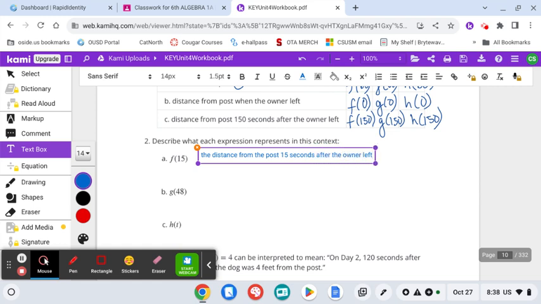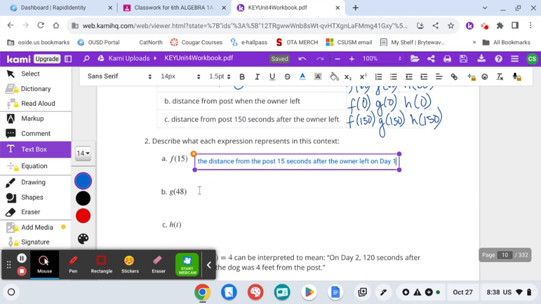Now, what do we specifically know by the name of F? It's on day 1. F is the name we're using for the day 1 function.